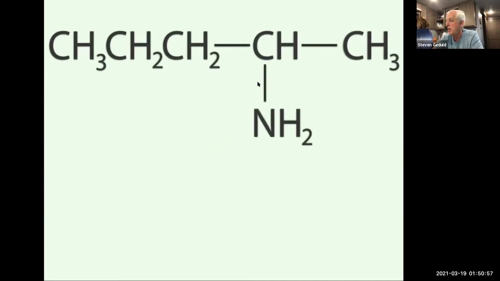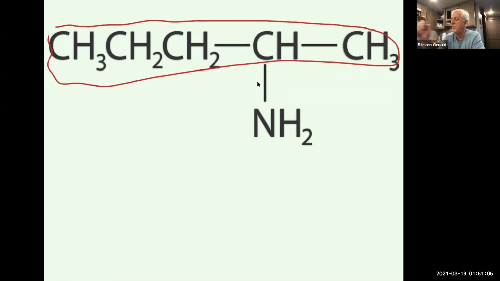Let's look at this one. Longest carbon chain with the amine attached to it, and we're going to give the amine the lowest possible number. So we're going to number from right to left rather than left to right. This would be 1, 2, 3, 4, 5.